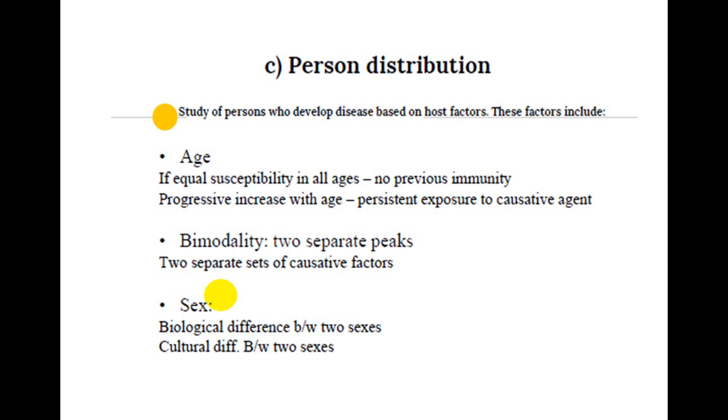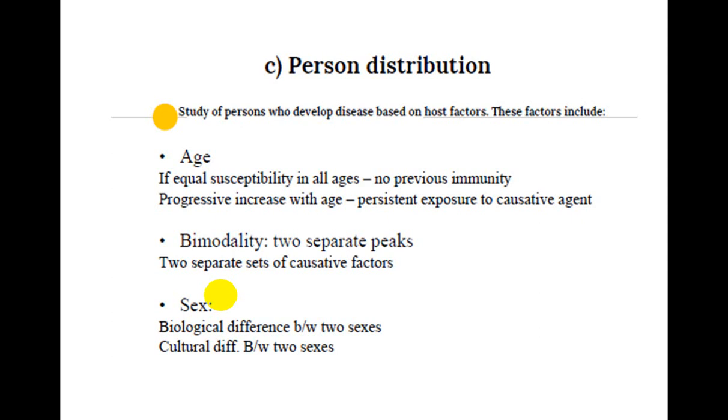Person distribution. Study of persons who develop disease, based on host factors. These factors include age, sex, and ethnicity.